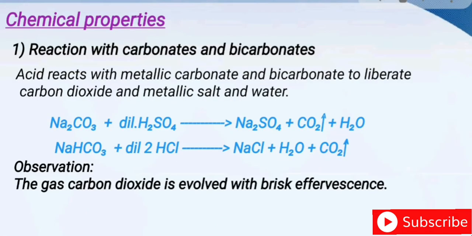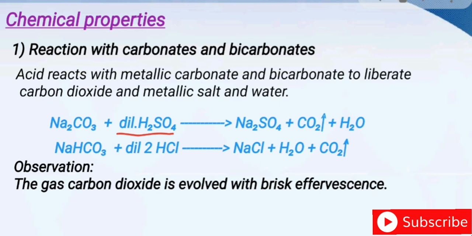Now let us discuss a few chemical properties as per your syllabus. Reaction with carbonates and bicarbonates: acids react with metallic carbonates and bicarbonates to liberate carbon dioxide, metallic salt and water. Sodium carbonate, when it reacts with dilute sulfuric acid, produces sodium sulfate plus carbon dioxide plus water.